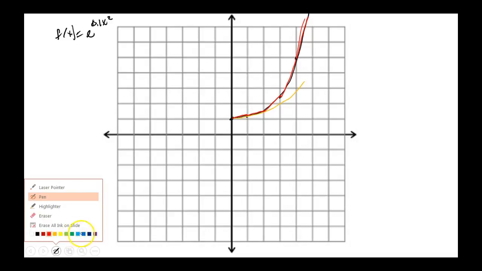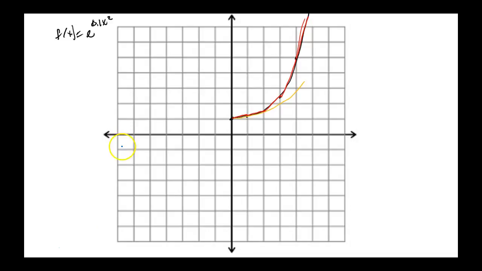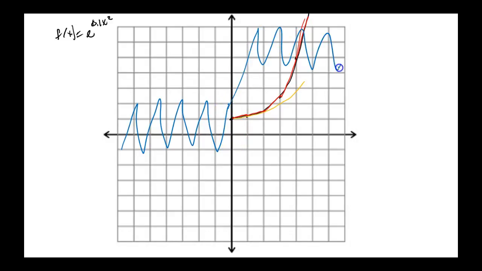They do it in blue. This is a completely different function altogether. I don't even know what the function is, but it looks like something like this, and then all of a sudden shoots up and does something like this. Now, I don't know what that's trying to do, but it's sure not doing a very good job of it.